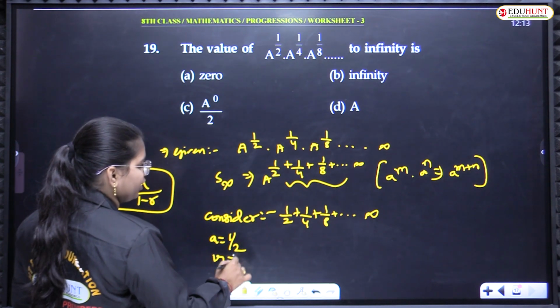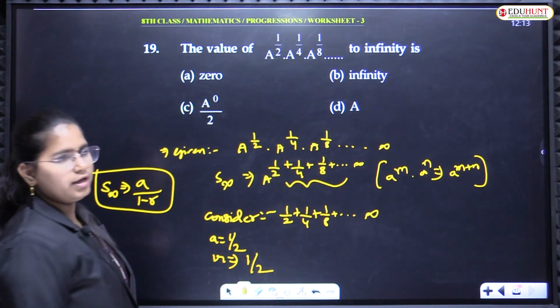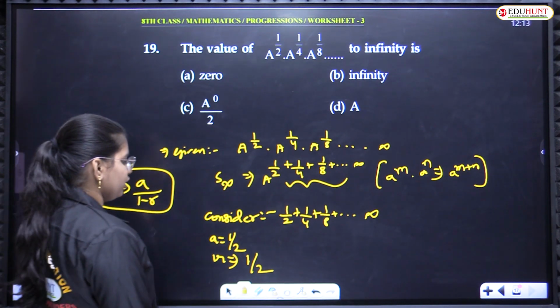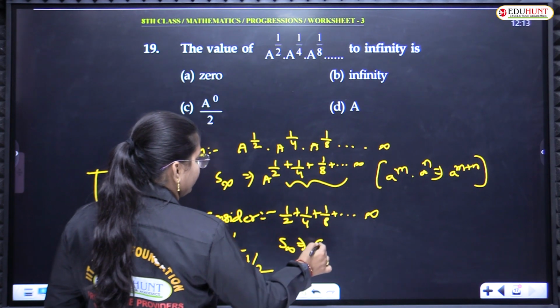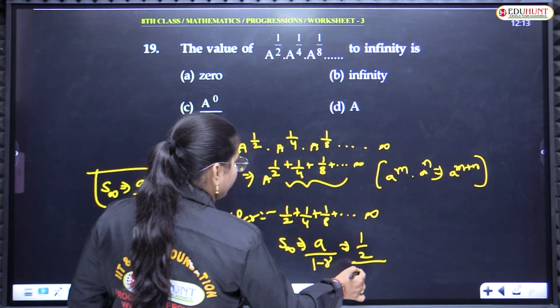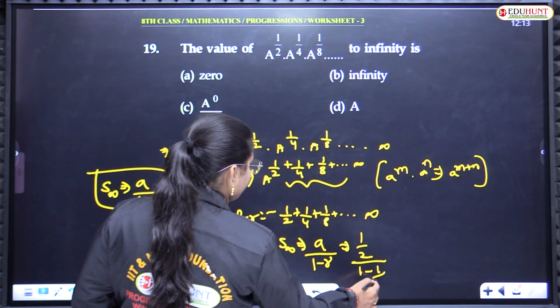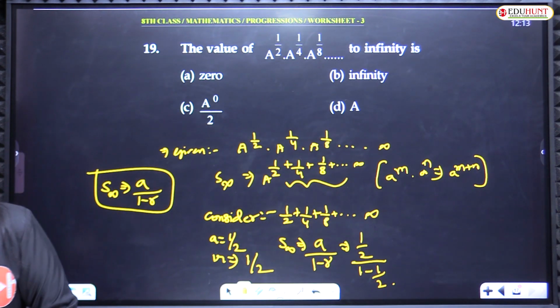What is the value of R here? 1 by 4 by 1 by 2 is again 1 by 2 only. So what is the value of S infinite? A by 1 minus R, which is 1 by 2 by 1 minus 1 by 2.